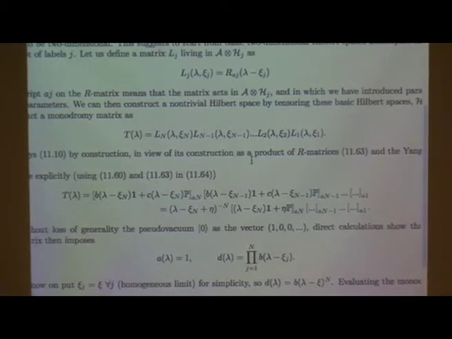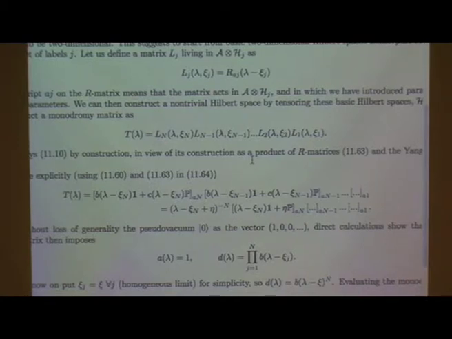Now, the point of constructing a lattice model out of this construction is to take tensor products of local Hilbert spaces. So here in this case, I'm going to build an n-site chain out of these things. And I will consider realizing my monodromy matrix as a product of these operators on each site. And that's essentially where the magic occurs.